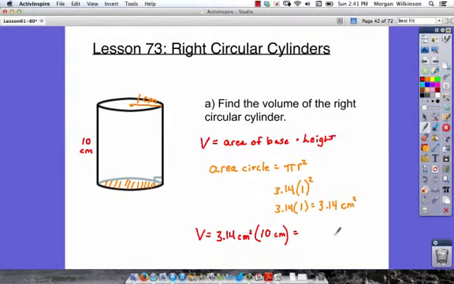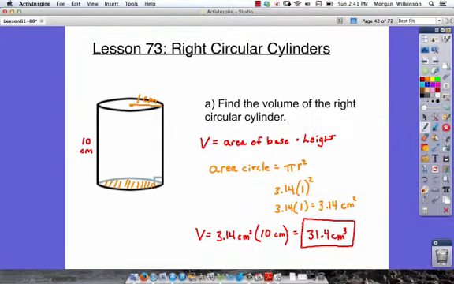It has to go right because the number is getting bigger because we're multiplying by 10. So we're going to get 31.4. And since we have square centimeters times centimeters, that must be centimeters to the third power, or cubic centimeters. We've got our answer. We've found that this right circular cylinder can hold 31.4 cubic centimeters of material.